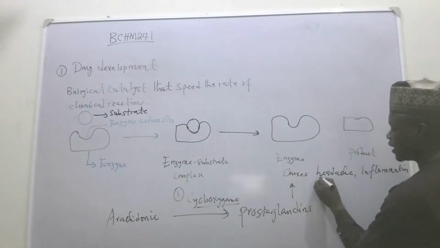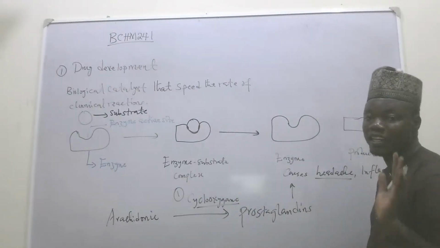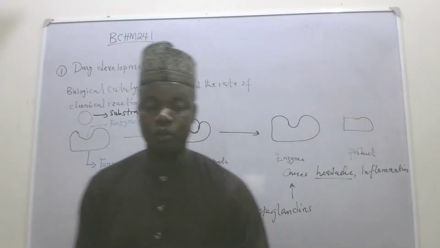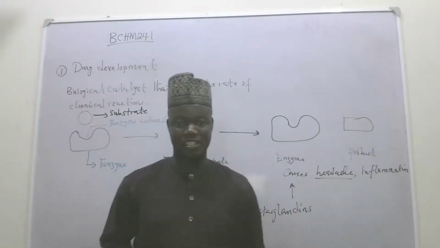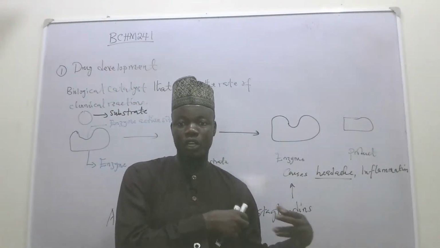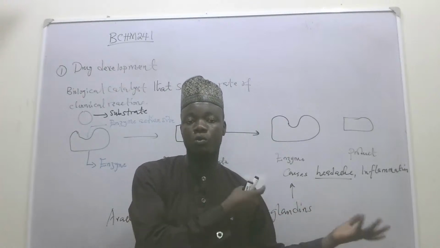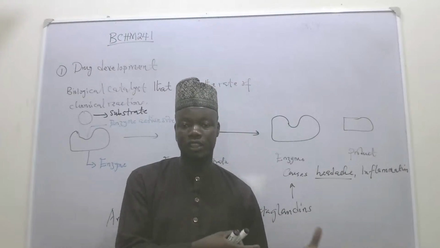These prostaglandins are the molecules usually produced in our body under stress. Ladies and gentlemen, I want to say something very important here. When we are under stress, we usually come up with headache. So how do we come up with that headache?